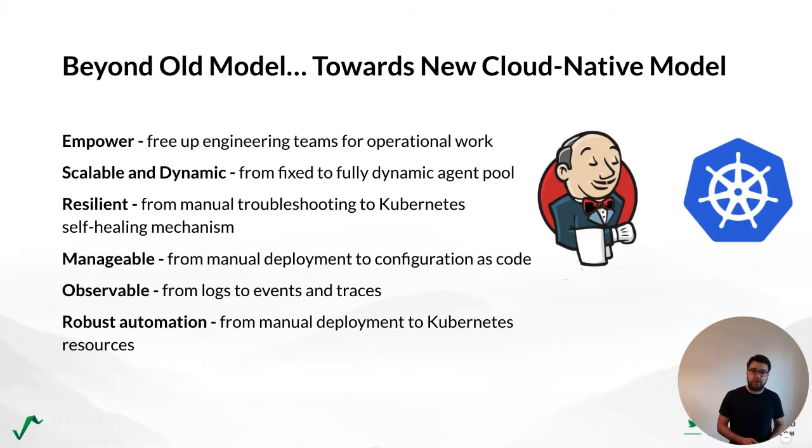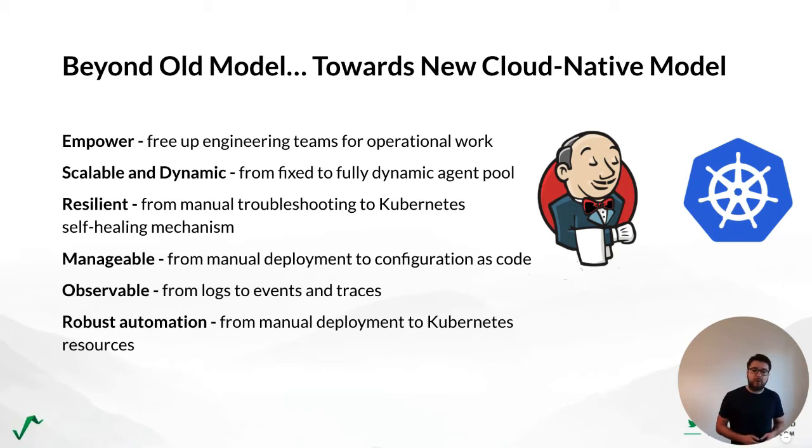Observable, from logs to events and traces. We want to understand how the system behaves. We want to know what's happening, what went wrong, what was the problem before it will be a serious incident. And last but not least, robust automation.